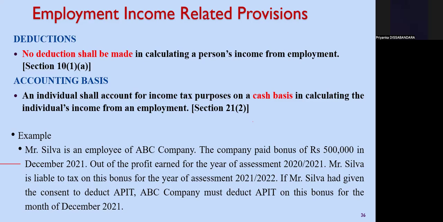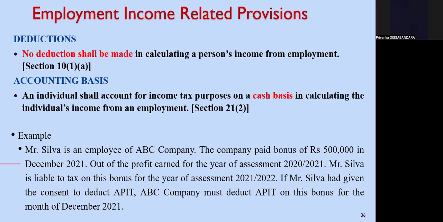Then the accounting basis. Accounting basis is cash basis. Cash basis means the law applicable for the period in which the payment is received is relevant for the employment income. That means the salary we receive during this year of assessment should be considered as employment income.